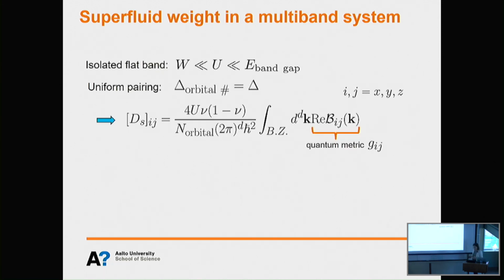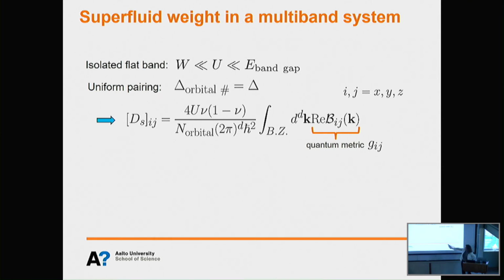And then when we look more closely at this geometric part, we can get a nice analytical result if we assume that the flat band is separated from other bands sufficiently, so that the interaction is so small that you don't put particles on the other bands. And of course we have to have the flat band, so the bandwidth is smaller than the interaction. Furthermore, we assume uniform pairing, so that in all orbitals we have the same pairing. In this case, the results become very clear.